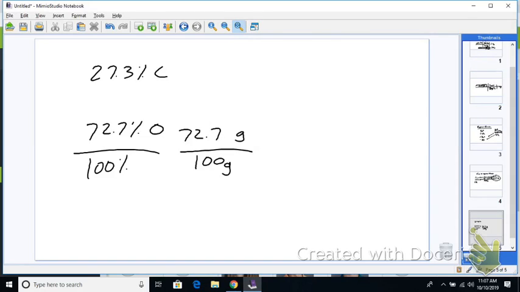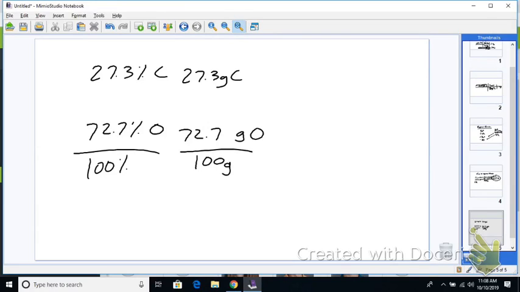And if that's the case, then this would be 27.3 grams of carbon. So for every sample we have percentages of, we're going to base it off a 100-gram sample. Since we base it off a 100-gram sample, we know how many grams we have of each one. It would be the same as the percentages. So basically, we just get rid of the percent and we write in grams.